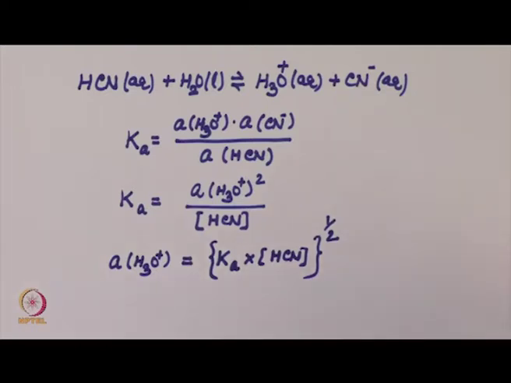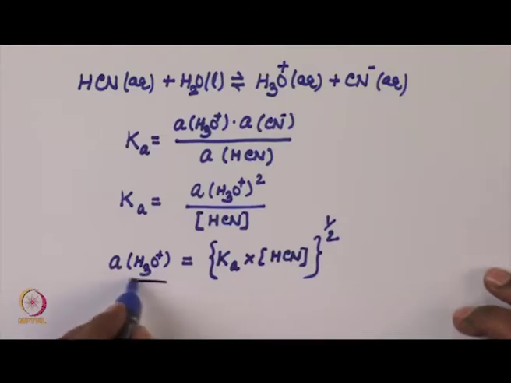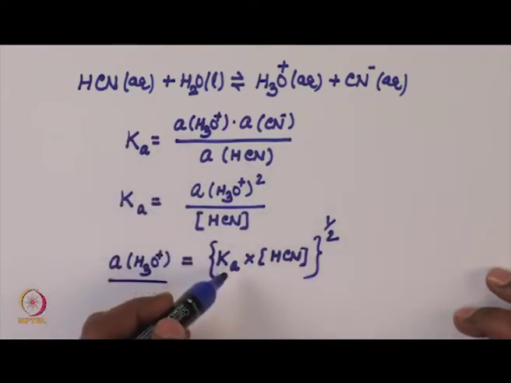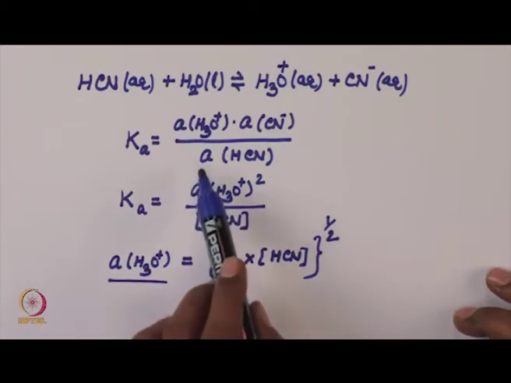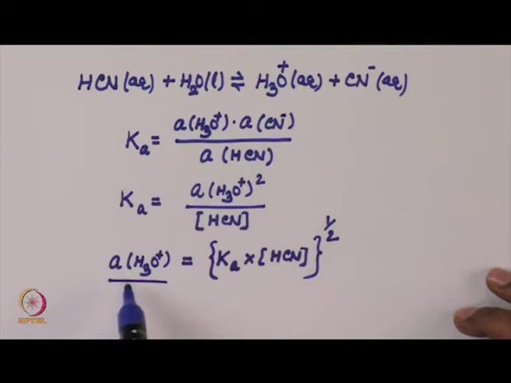In order to calculate pH, I need the activity of hydronium ion, that is what I need. And you see how I have done. Wherever the information about activity coefficient was given to be almost 1, I have used that, otherwise I have retained activity.